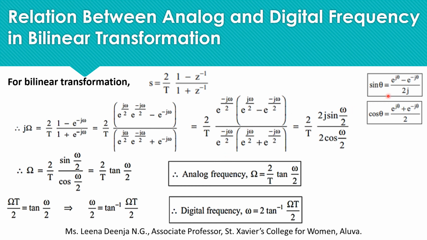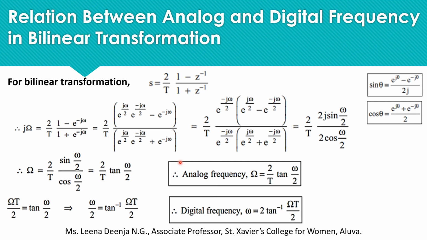Then we know that sin theta equal to (e^(j theta) - e^(-j theta)) / 2j, and cos theta equal to (e^(j theta) + e^(-j theta)) / 2. So the term in the numerator is equal to 2j sin(omega/2), and the term in the denominator is equal to 2 cos(omega/2). This 2 and 2 we can cancel. Then here we have one j, and at the left hand side also we have one j.